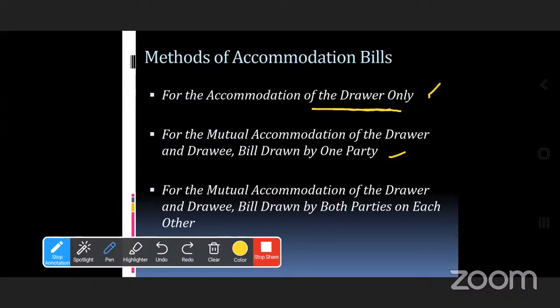Here there will be some mutual accommodation between the drawer and the drawee. For that, one party will be preparing the bill. Now and again, two parties require funds when they are not in a situation to get cash from some outside source. To settle the circumstance, either of the parties makes or draws a bill on the other.